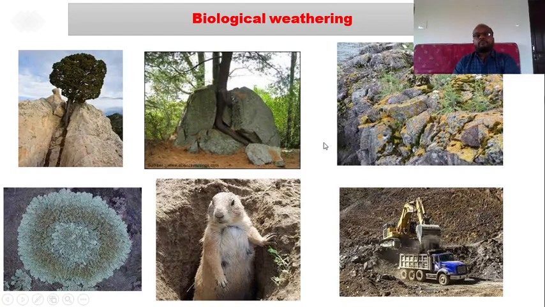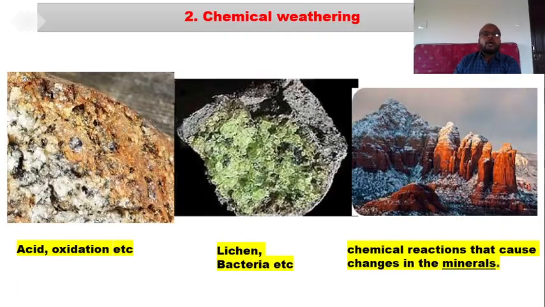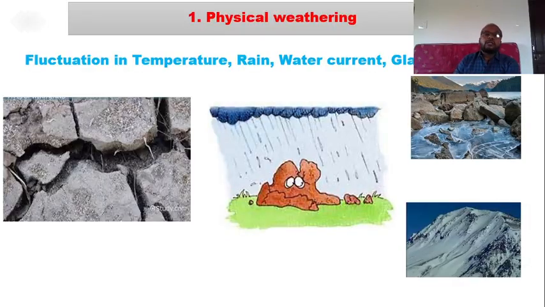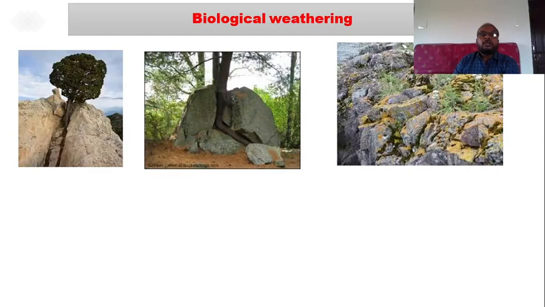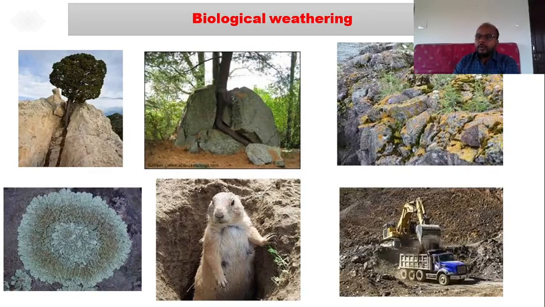That means in the weathering of the rock, there is biological weathering, chemical weathering, that is acidification, as well as physical weathering, that is temperature, rain, and water. All these agents are helpful for the formation of soil, and this is the first step in the formation of the soil, that is, the weathering of the rock.